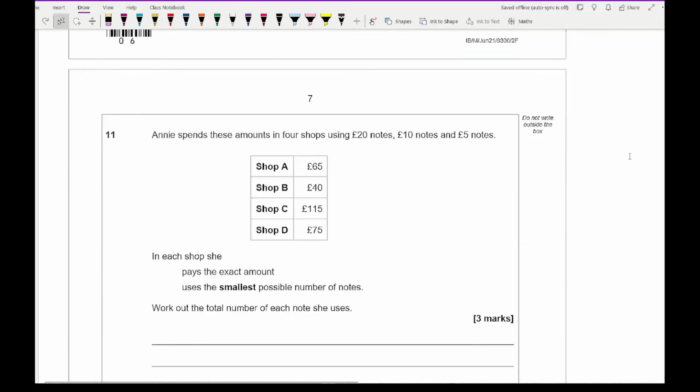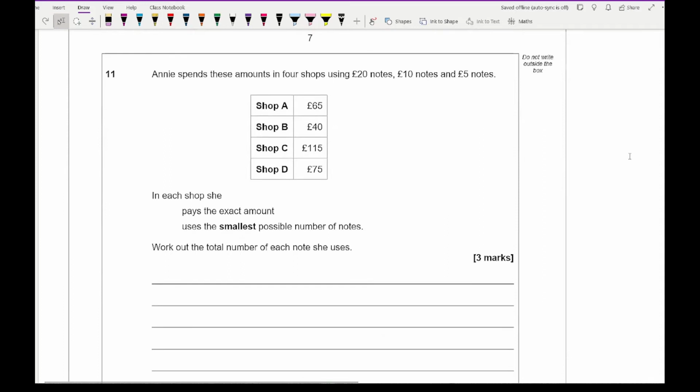Moving on to question 11, it says Annie spends these amounts of time in 4 shops using £20, £10 and £5 notes. In each shop she pays the exact amount, using the smallest possible number of notes. Work out the total number of each note she uses. So for £65, that's going to be 20 plus 20 plus 20 plus 5.